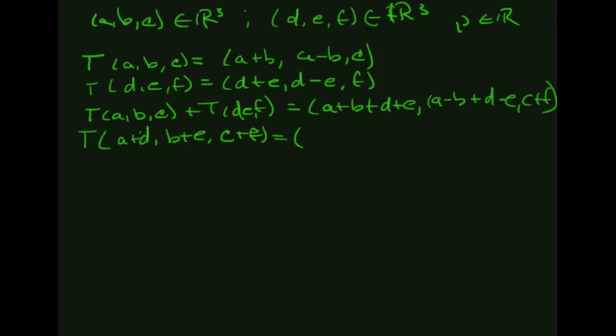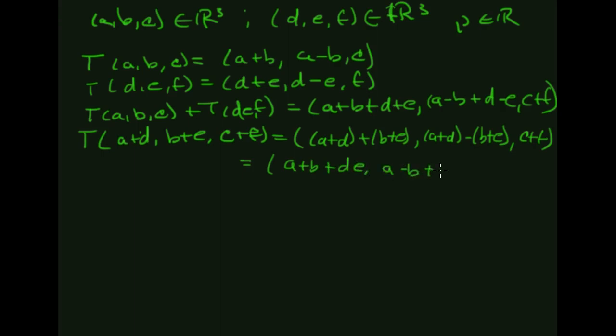The first part says take A plus D and add that to B plus E. The second part says take A plus D and subtract B plus E. And the last part says just take C plus F. So it's not hard to see that by a little bit of rearranging, we get the same result here as we do there. So the addition holds.